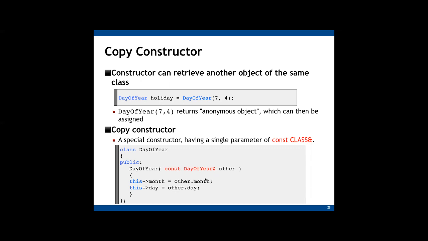As you can see from this example code, this one is a copy constructor. It has a single parameter like this one. The parameter type is a const class type. So the copy constructor receives an object of the same class type, and using this object, it initializes new objects.